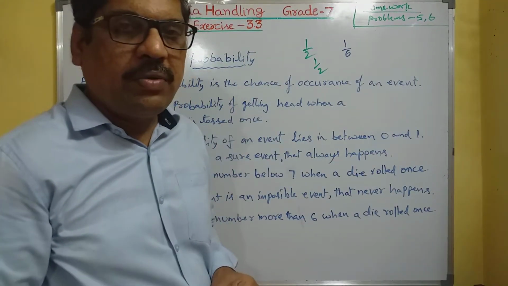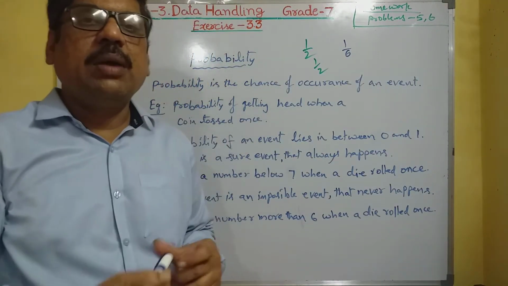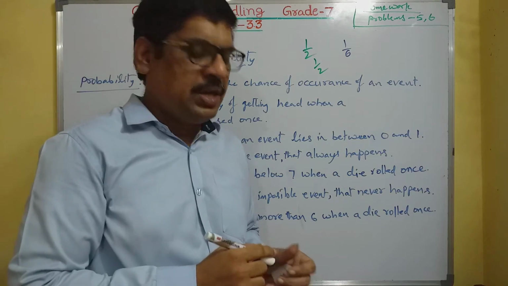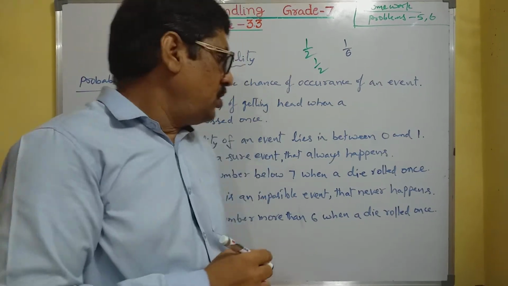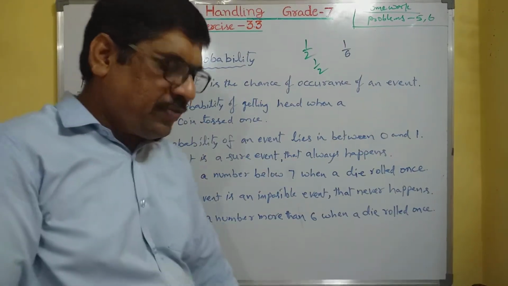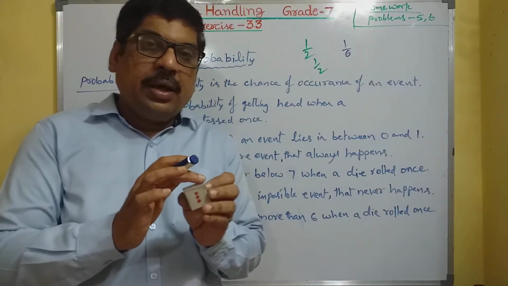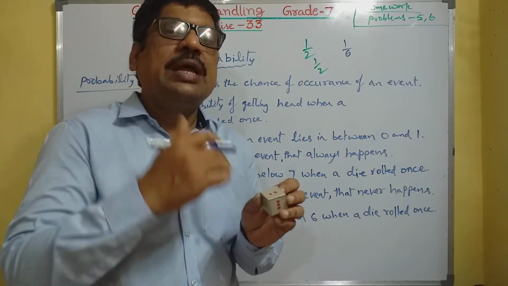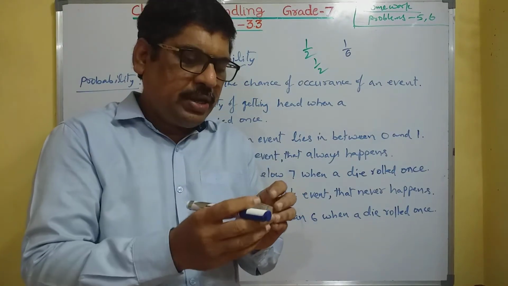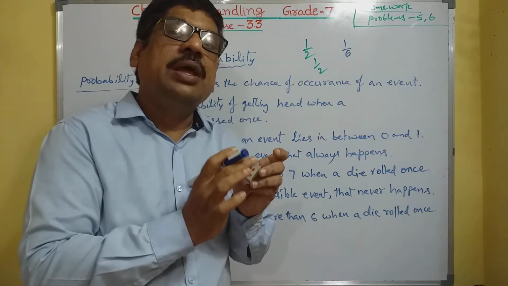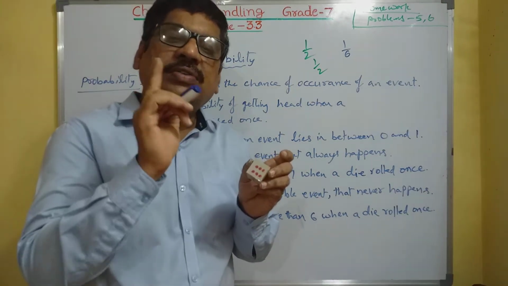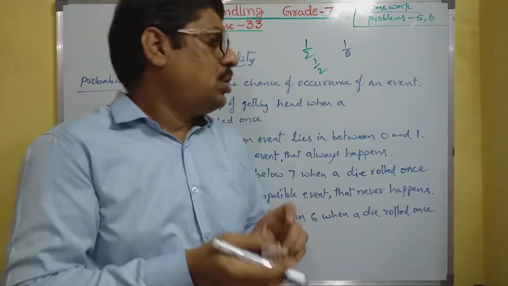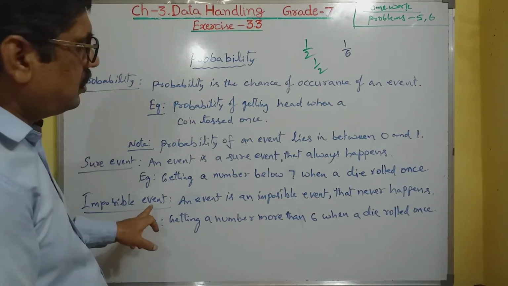So the probability of any number of dots which you have chosen is 1 by 6. Is there any chance of getting a surface which is having more than 6 dots? No. Why? Because the maximum number of dots on a die is 6 only. So this is an impossible event.